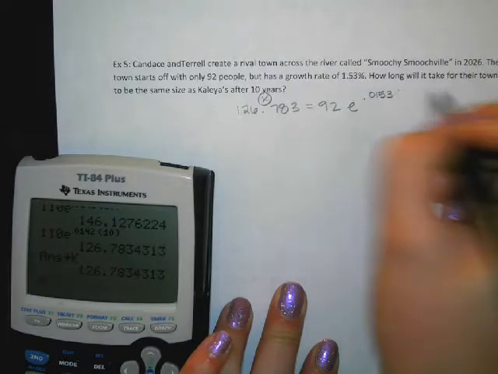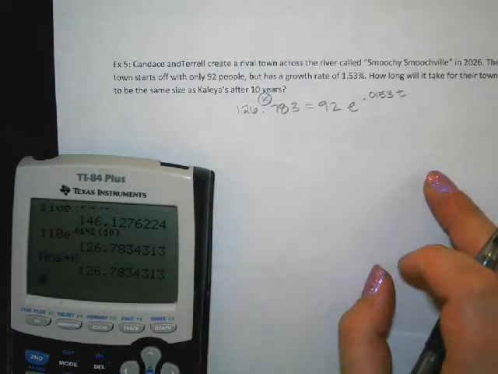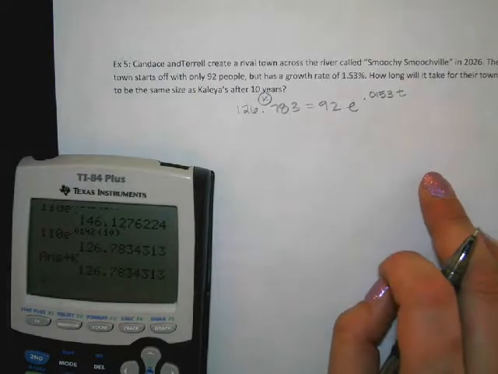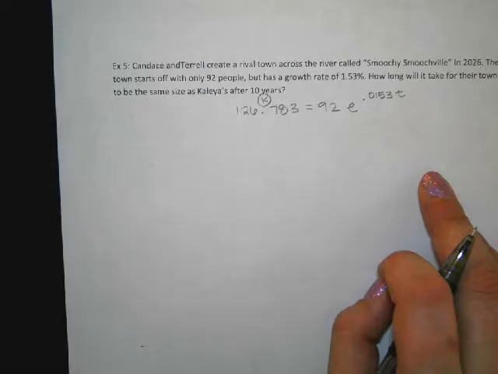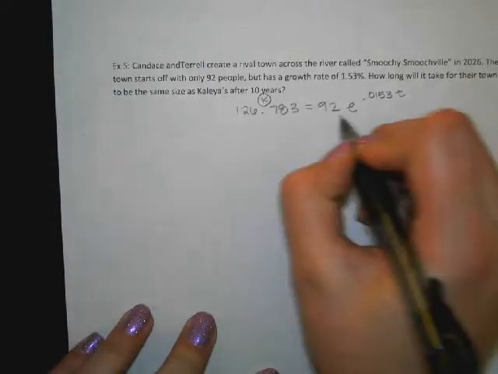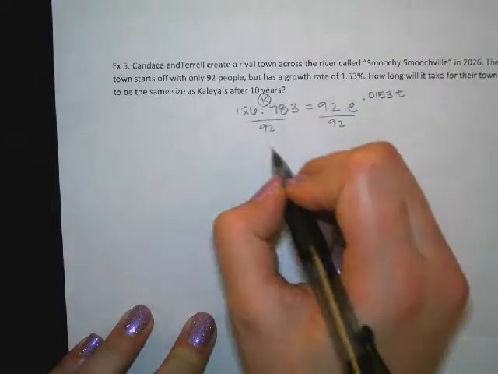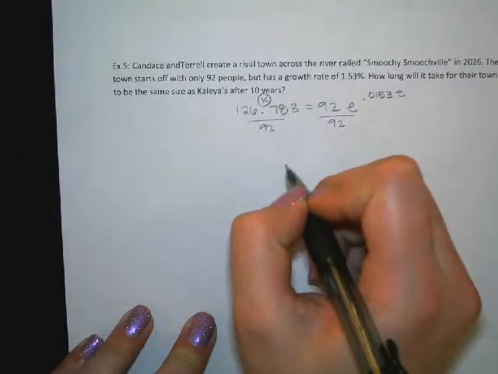And then T, since we're trying to solve for time. So what do I do first? Divide by 92. So are we okay with me just calling this K over 92? Yeah. Okay.